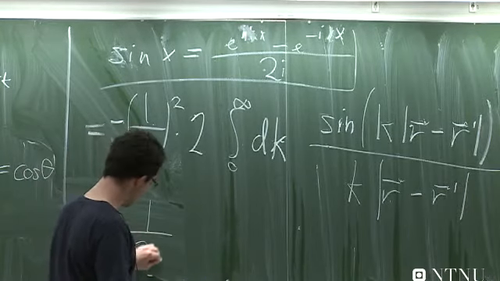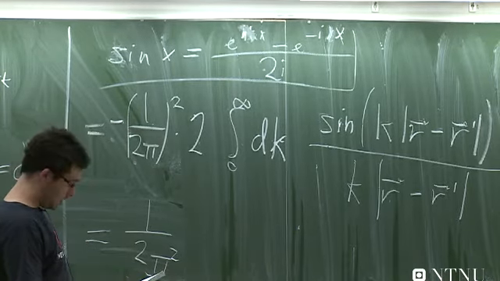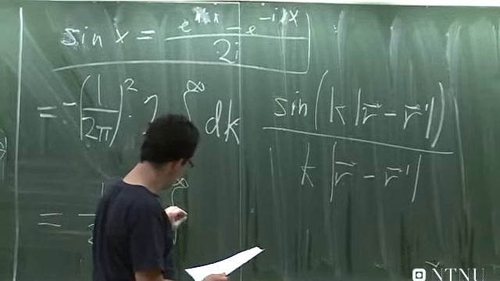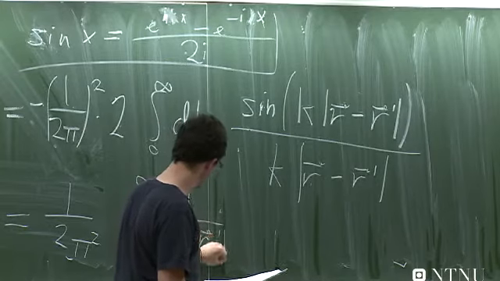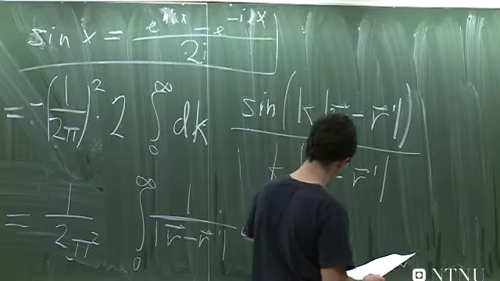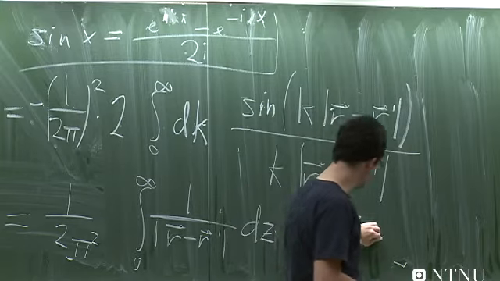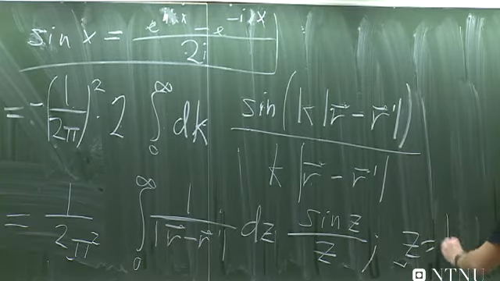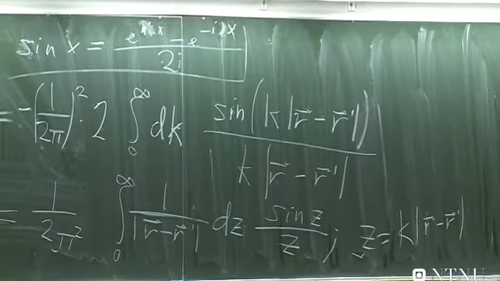So 1 over 2 pi squared. Now there's a 2, which cancels one of those 2's. And I can rewrite this as 0 to infinity, and then 1 over |r minus r prime|, dz sine of z divided by z, and I did the substitution: z is equal to k|r minus r prime|.